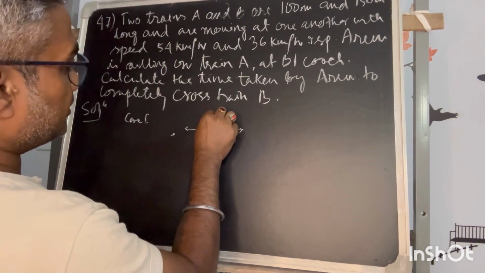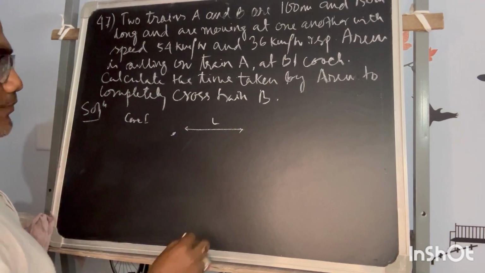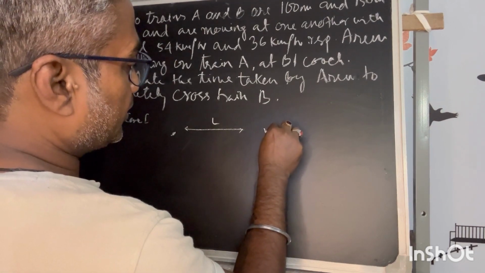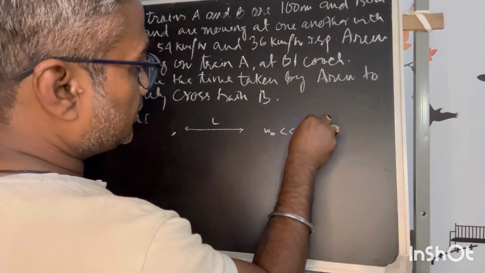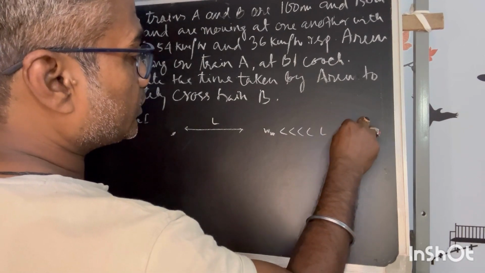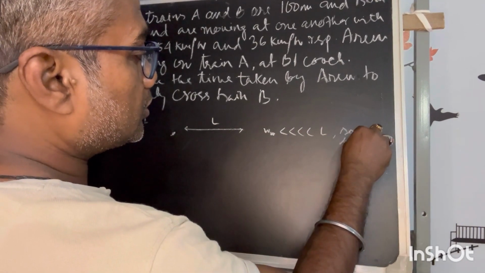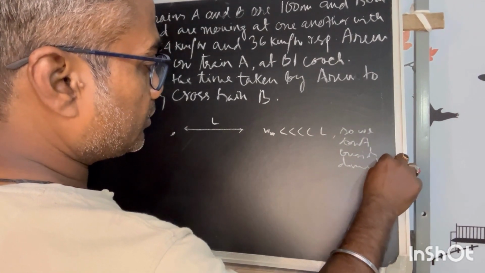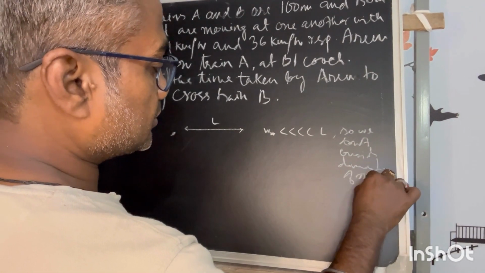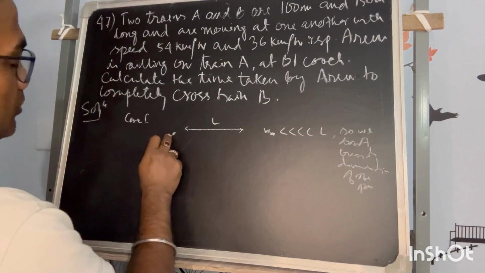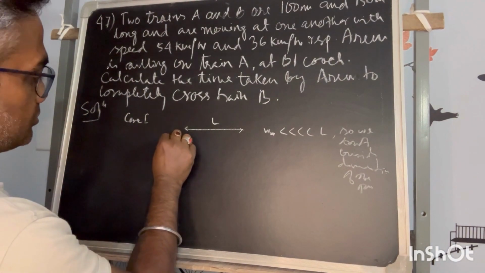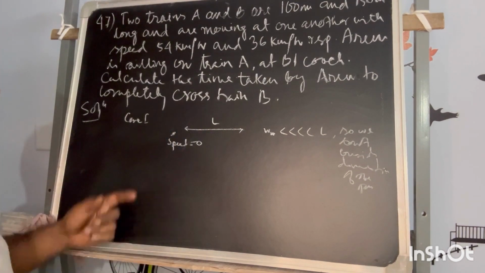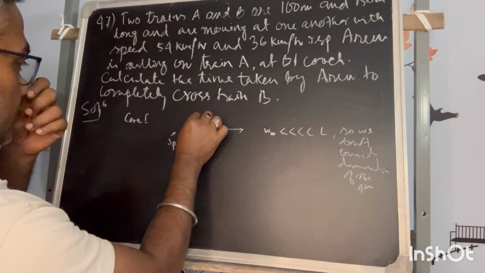In this case, the width of the man is negligibly small, so we do not consider the dimension of the person. So in that case, crossing the person who is in standstill, and also the speed is 0. The person is not moving anywhere, he stands still. So only the train of length L is moving.